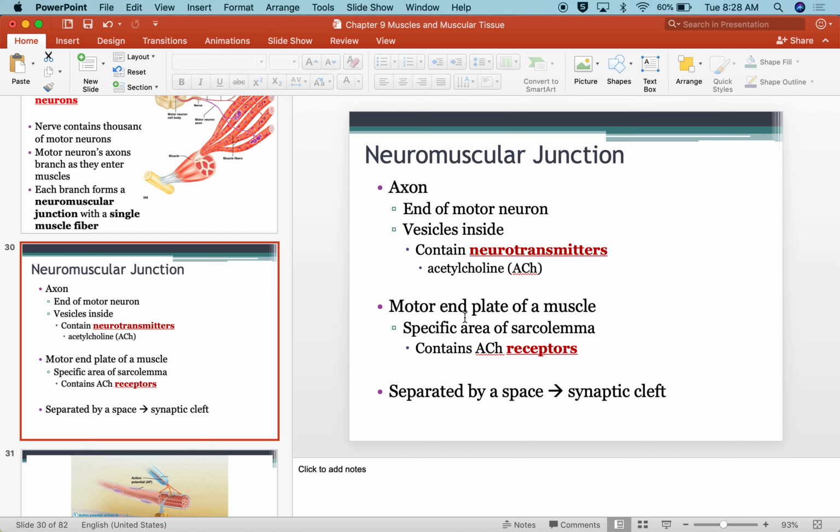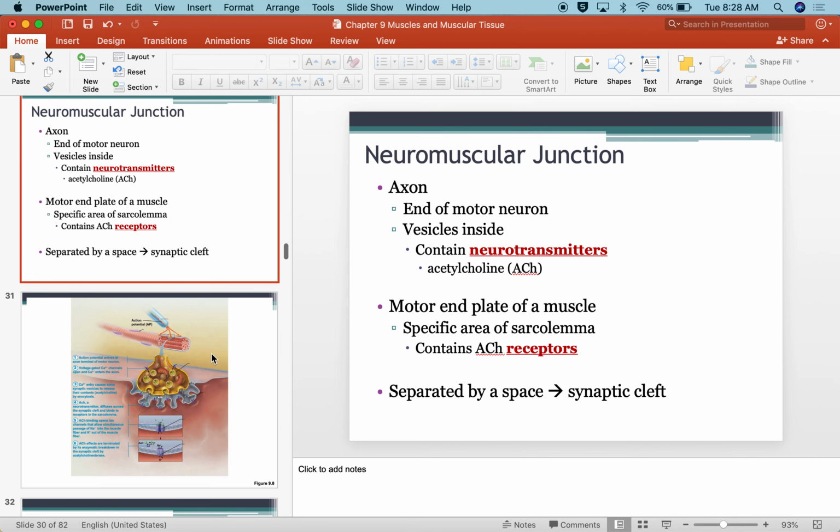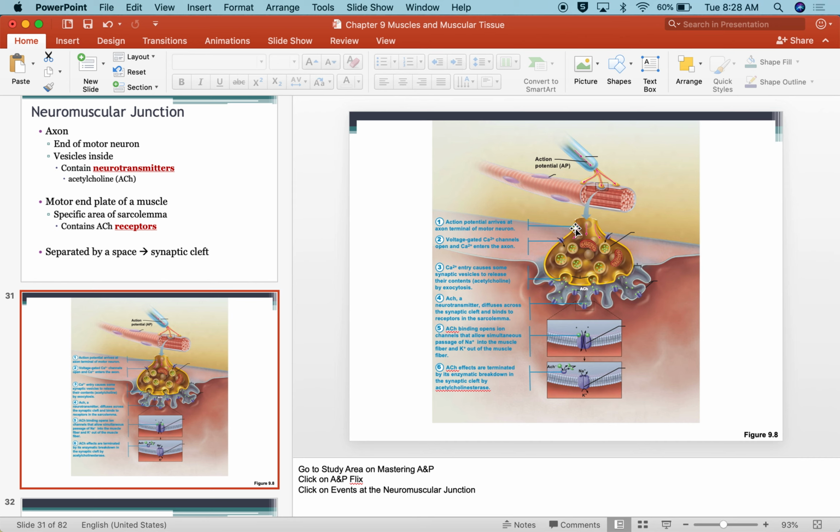The axon and the motor end plate are separated by a space called the synaptic cleft. You can see that here. Here is the end of the motor neuron. Here is the motor end plate. And here's that synaptic cleft, that space. And here are those acetylcholine vesicles bursting.